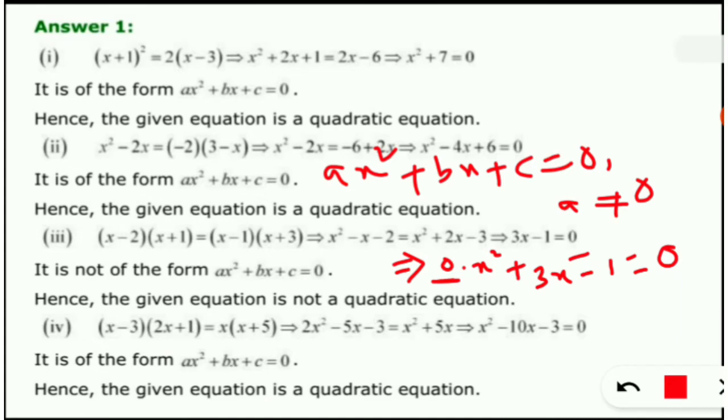Or suppose here x square term is missing, that's mean simply we can say that it is not a quadratic equation, it is a linear equation. Okay, that's mean maximum degree of x is 1, that's why it is a linear equation, not a quadratic equation. Okay, so hence the given equation is not a quadratic equation. Clear?